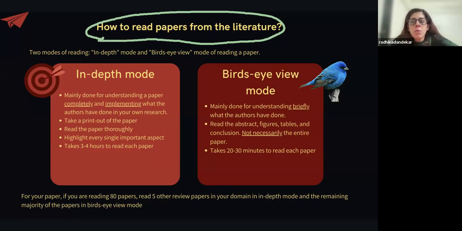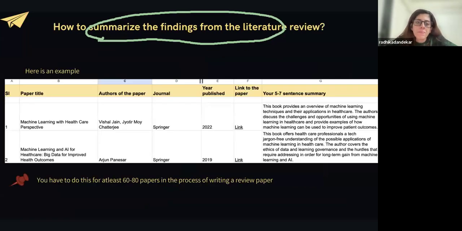The bird's eye view mode is a quick glance through the research papers, and it usually takes about half an hour. You go through the abstract, introduction, tables, figures, etc. That is enough to do a bird's eye view study of the paper. These are the two ways in which you do a literature study.